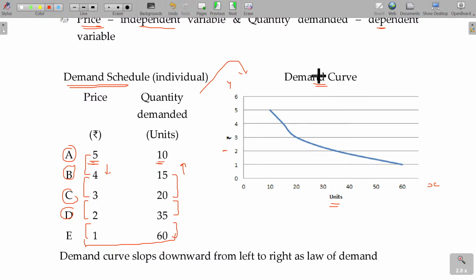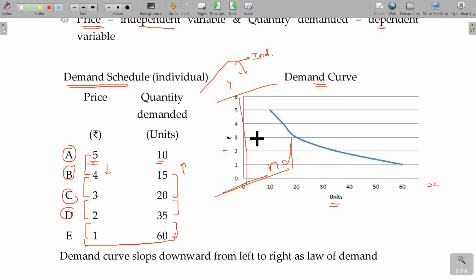Remember, the y axis in economics is usually for the independent variable, and the x axis is for the dependent variable. Between these two, price and quantity demanded, which is the independent variable? Price. So price should be kept on the y axis. How can you keep that in your mind? Y axis, independent.